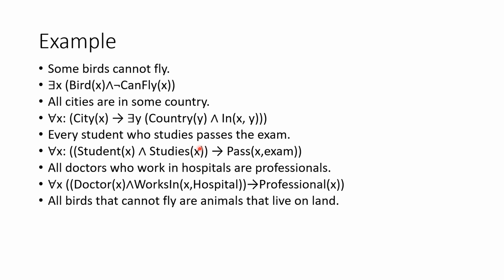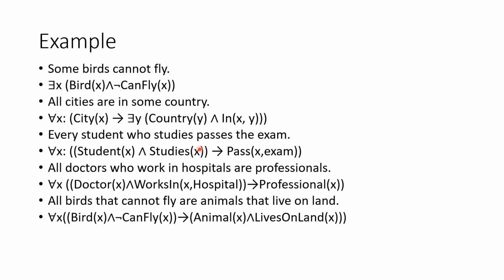Then you can see the next one. All birds that cannot fly are animals that live on land. For all X, we are representing using the universal quantifier. X is a bird and cannot fly, so cannot fly is the negation of fly.